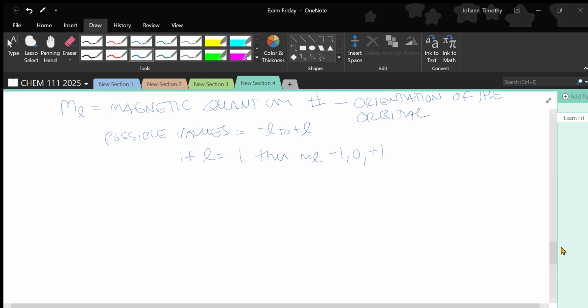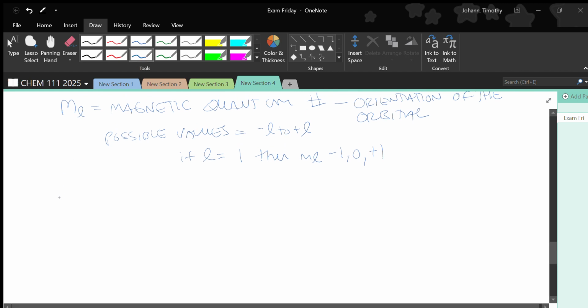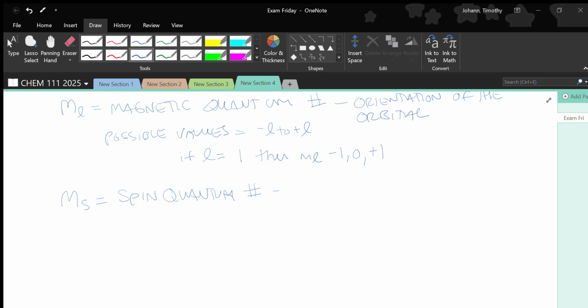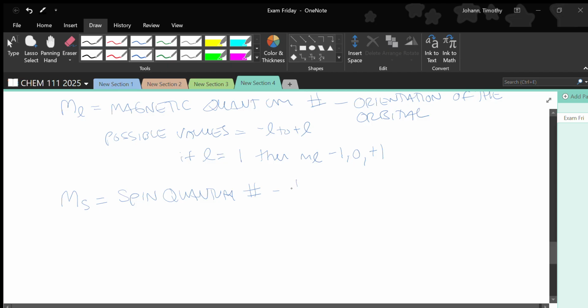All right, final quantum number is our M sub S. That's our spin quantum number. I've been saying you can put 2 electrons in each orbital. Okay, but they're filling the same space, right? And they're kind of everywhere. Well, they have different spins. Their spin can be -1/2 or +1/2, and this is what tells us that we can put 2 electrons in each orbital.